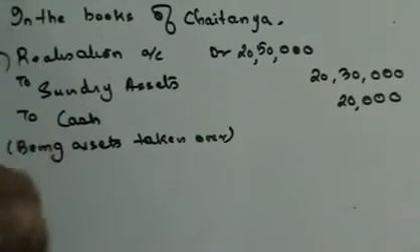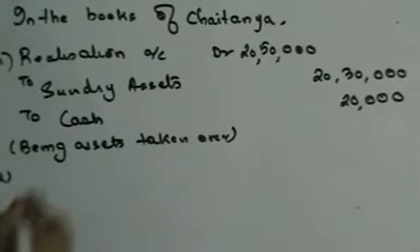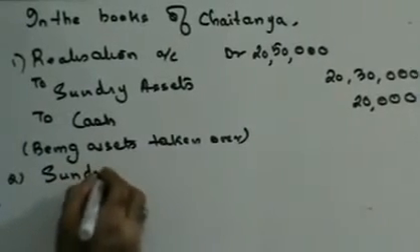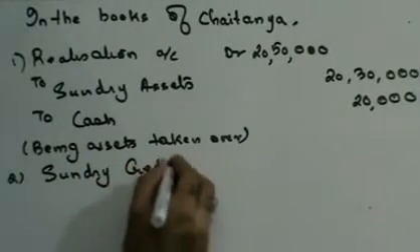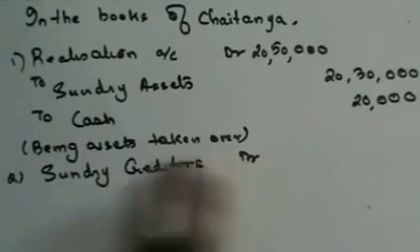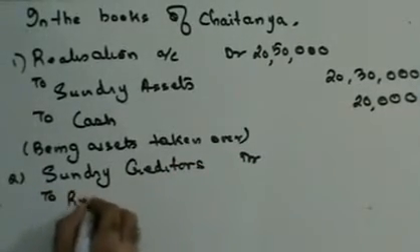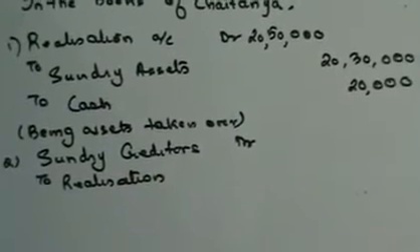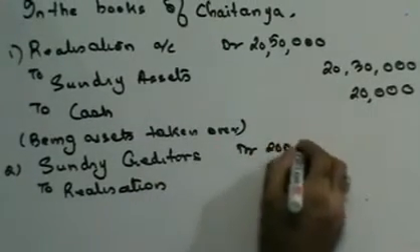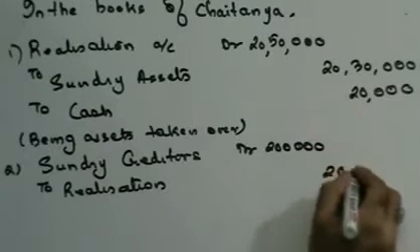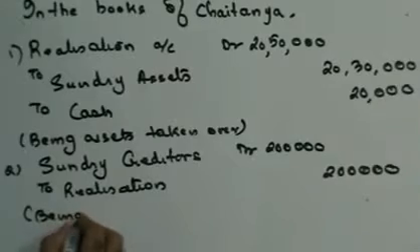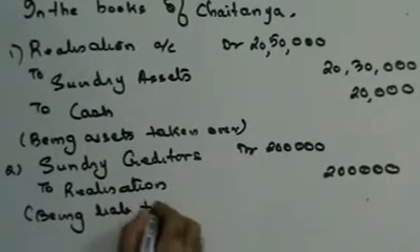Next, transfer liabilities. Amongst liabilities you have only sundry creditors. So in that case you will have sundry creditors account debit to realization. Amount is 2 lakhs, liabilities taken over.